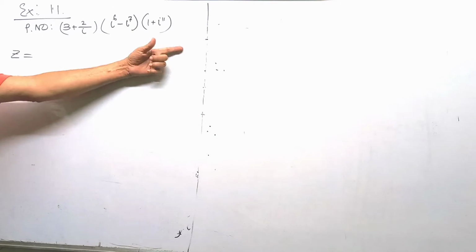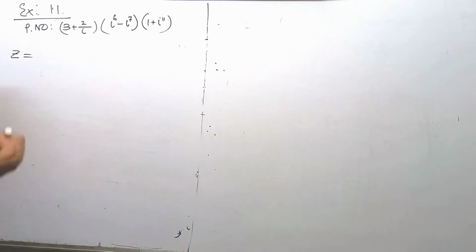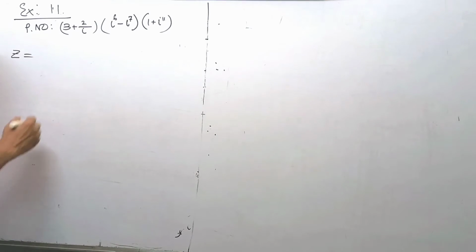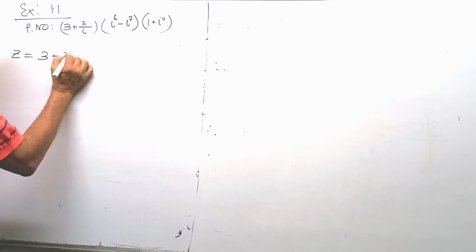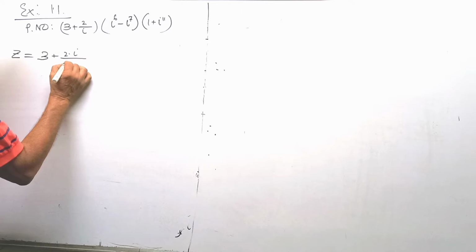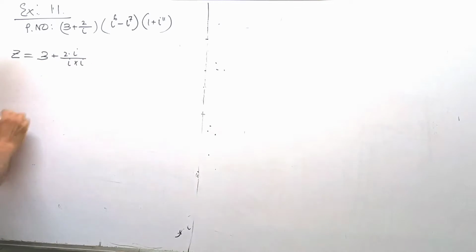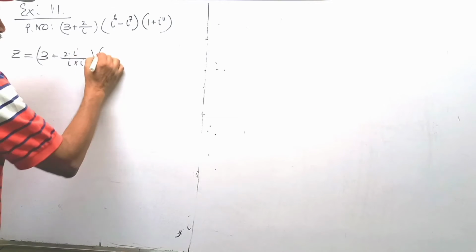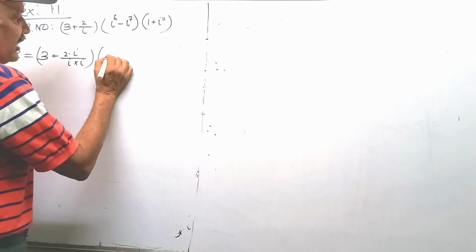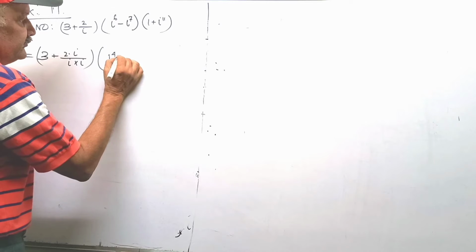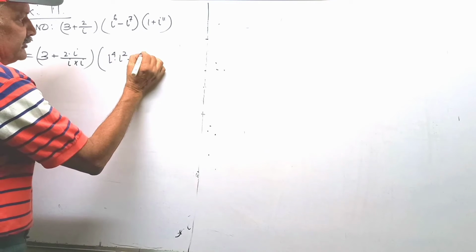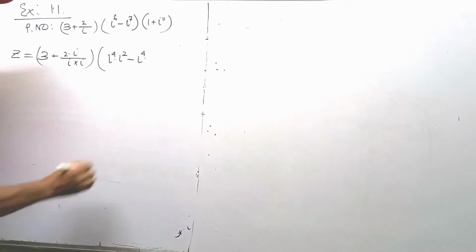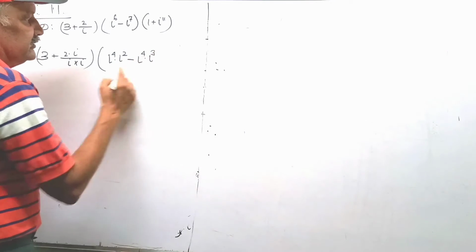The given problem is to be simplified. So how will it be simplified? Let z equal to 3 plus 2 into i into i. Then you write here i to the power 4 into i square minus i to the power 4 into i to the power 3.